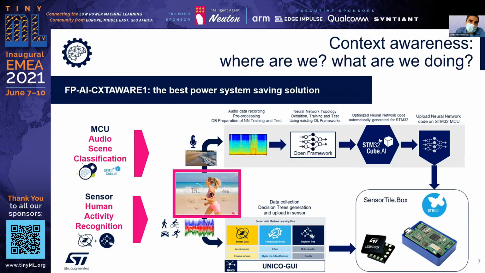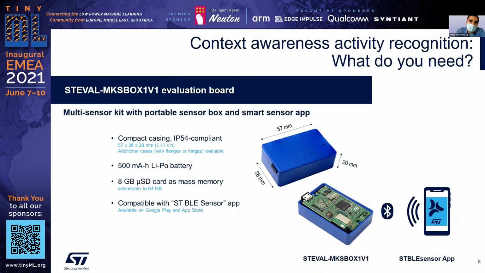For this function pack, we have used as hardware the SensorTile.box, an ST evaluation board available on st.com. This board is sold together with the compact casing, IP54 compliant, with the lithium battery and an 8 gigabyte micro SD card as mass memory. And then it has also a BLE module on board, so it's possible to connect this device to a BLE device like a smartphone.